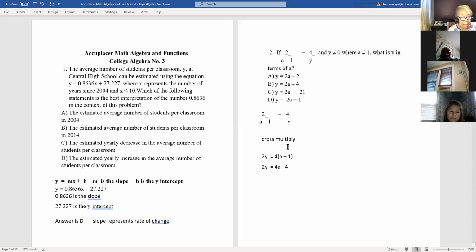So 4 times a minus 1 means to multiply 4 by whatever's in the parentheses. 4 times a is 4a. 4 times minus 1, plus times minus gives minus, is minus 4. So 2y equals 4a minus 4. You want to find what is y in terms of a.